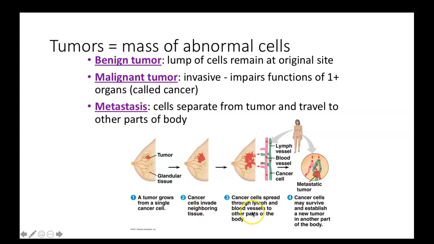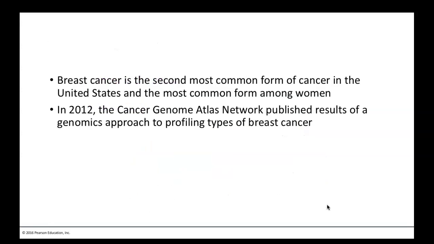It invades neighboring tissue and then it spreads through the lymph and then it gains access to the blood vessels and it can establish tumors in other parts of the body. All right, so just a little bit about breast cancer. It's the second most common form of cancer in the United States, and it's the most common form among women.